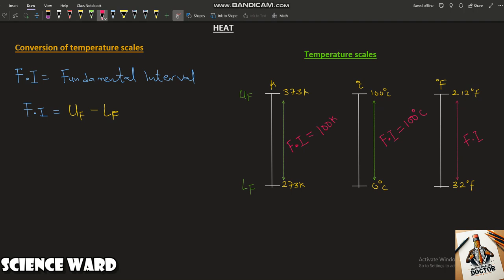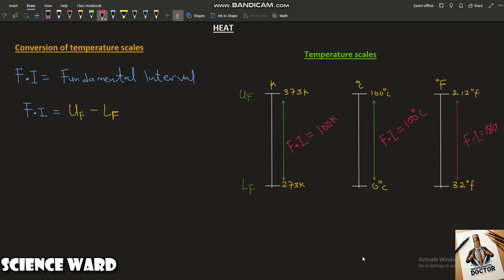And for Fahrenheit, 212 minus 32, you get 180 degrees.